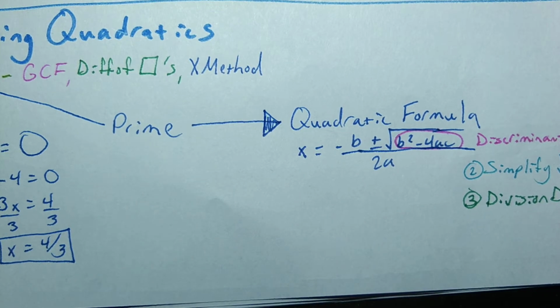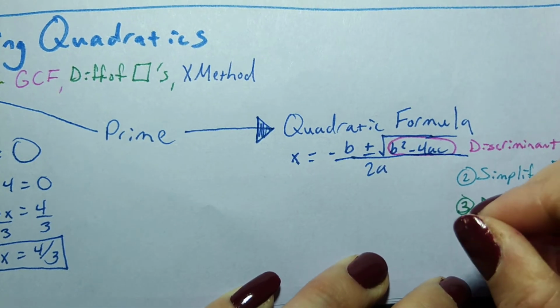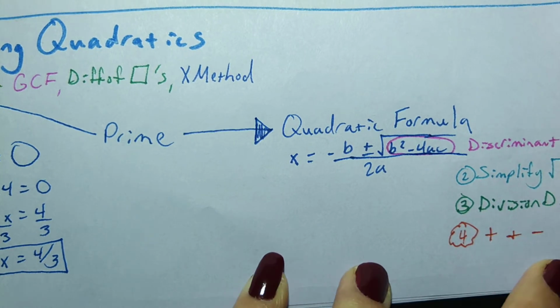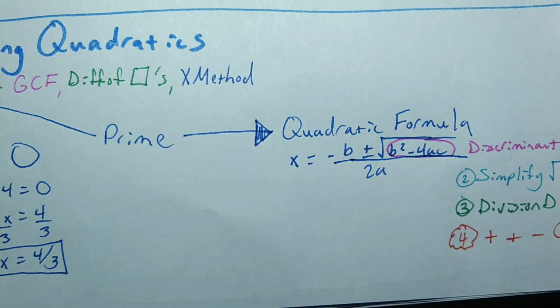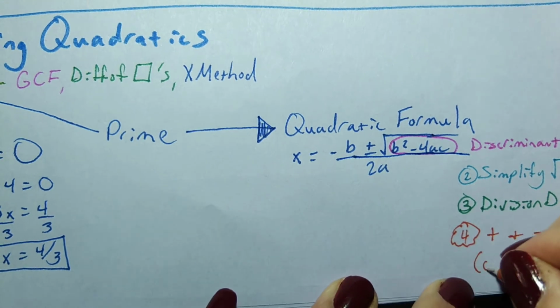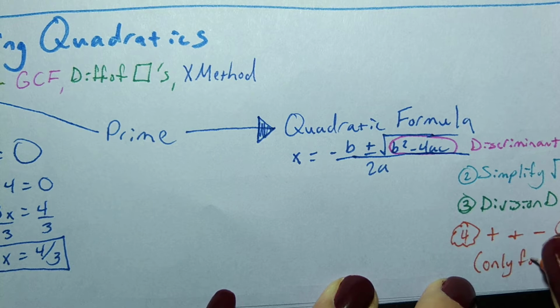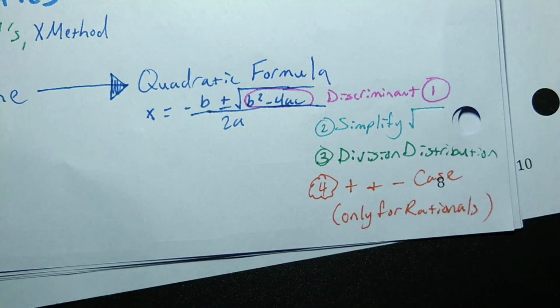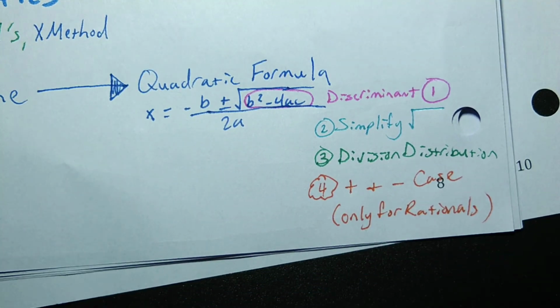And step 4, which you won't always be able to do, is the plus and minus case. This is only if your roots are rational.